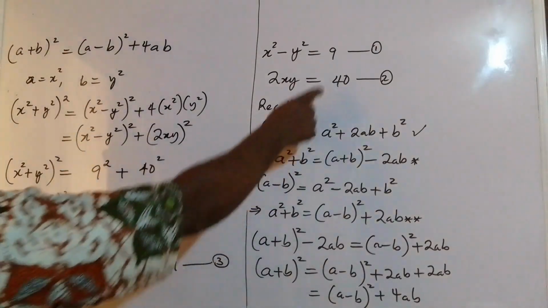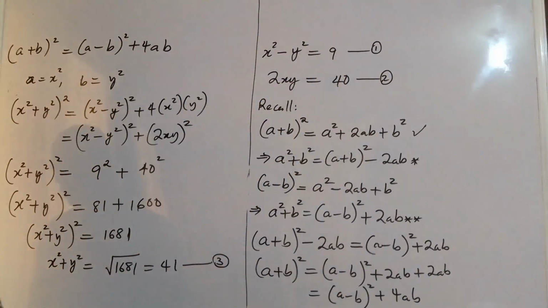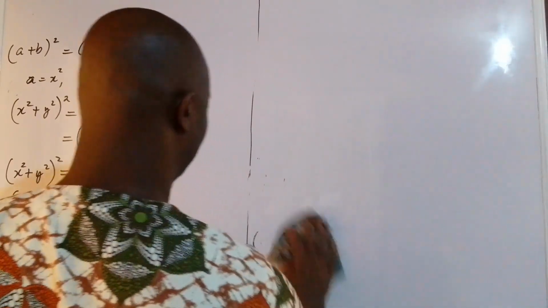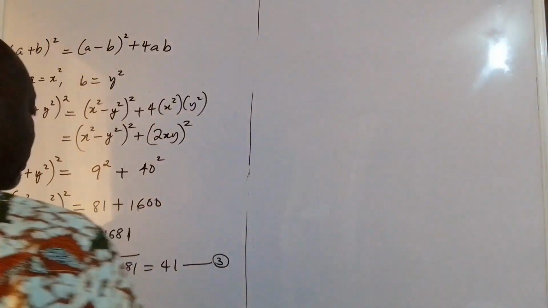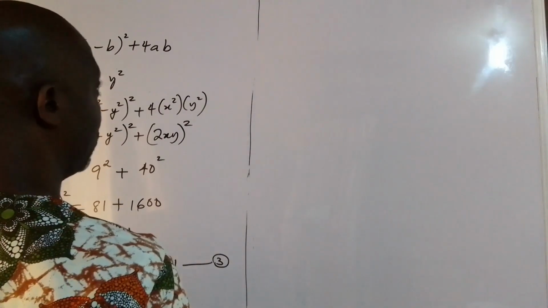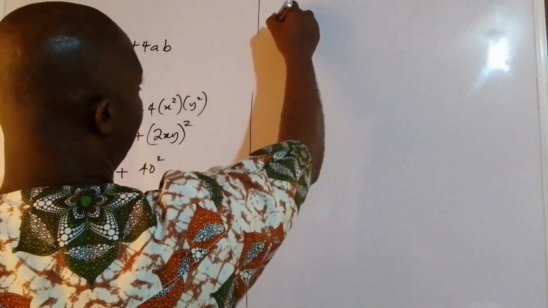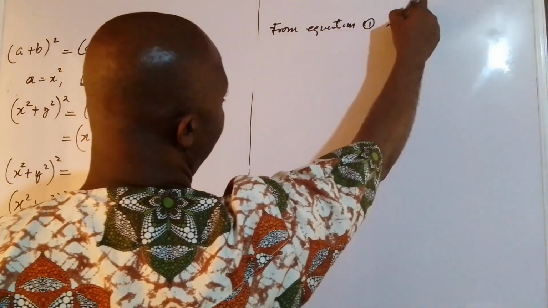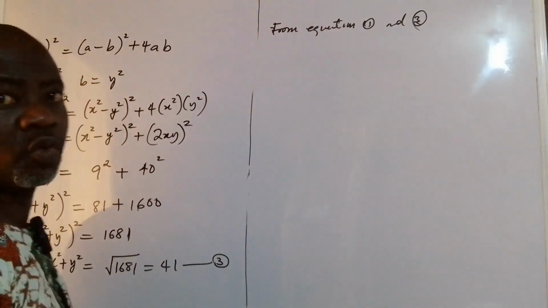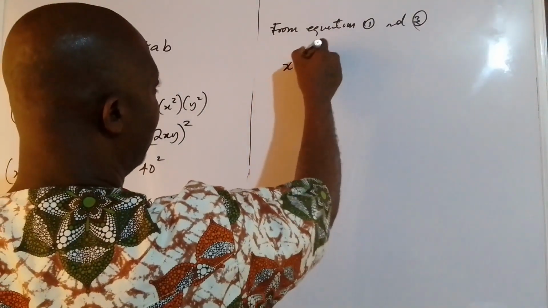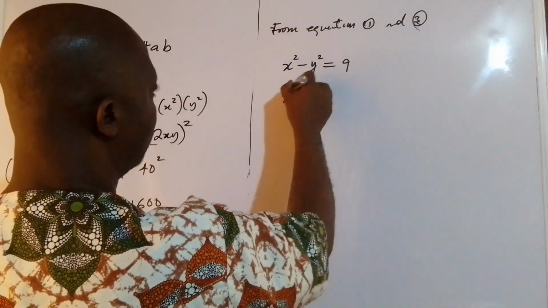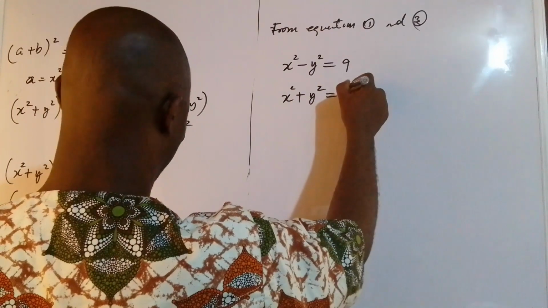So from equation 1 and equation 3, let's bring them together and solve using the simultaneous equation elimination method. Equation 1 is x squared minus y squared equals 9, and equation 3 is x squared plus y squared equals 41.